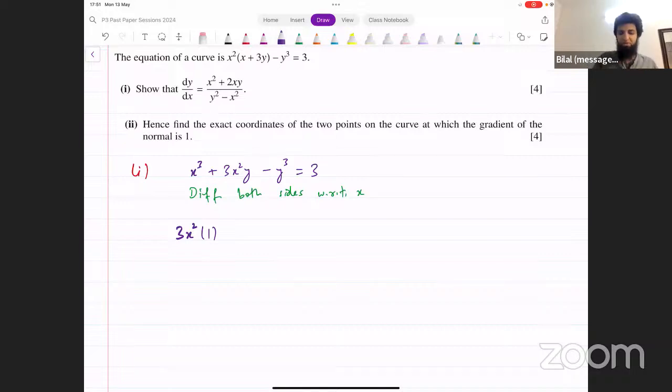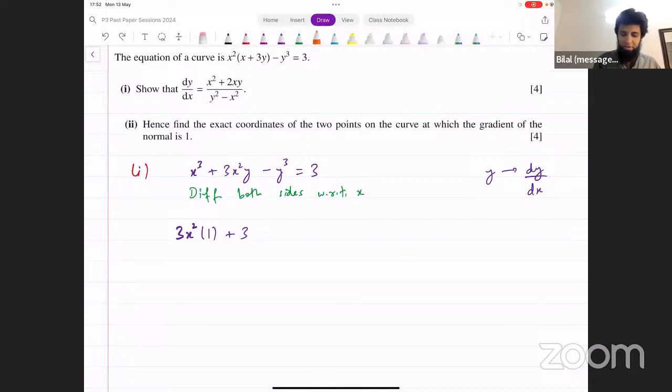But there's a reason why I'm showing this, because when you take the derivative of y, you need to make sure that you write down that the derivative of y is dy over dx. Now, let me explain what I mean by that. 3 is a constant. Constant remains as it is. x square y, that is a product. How do you differentiate products? You have to apply product rule.